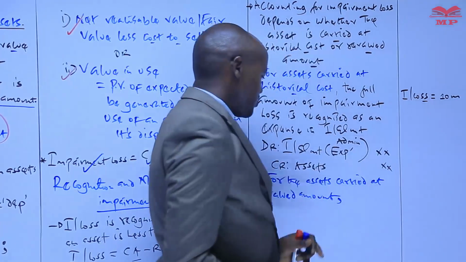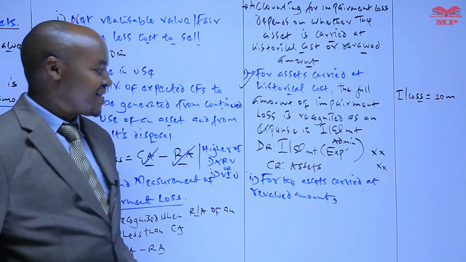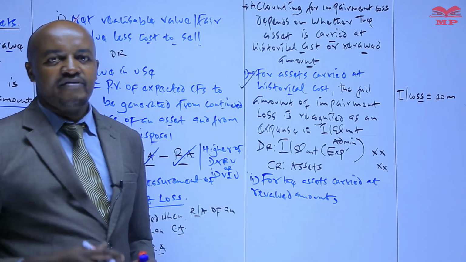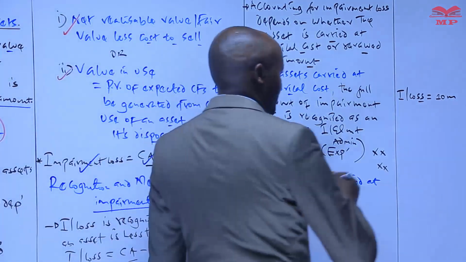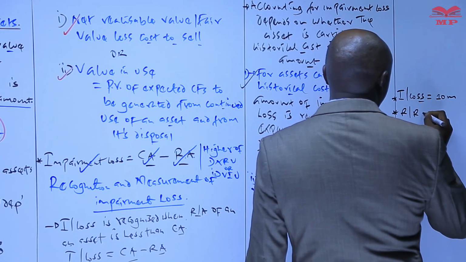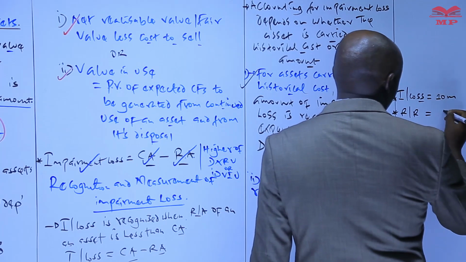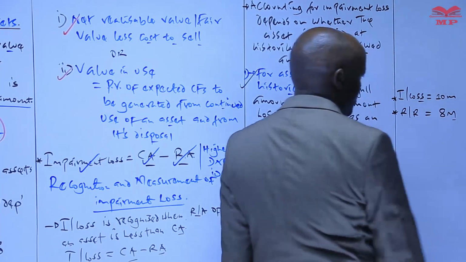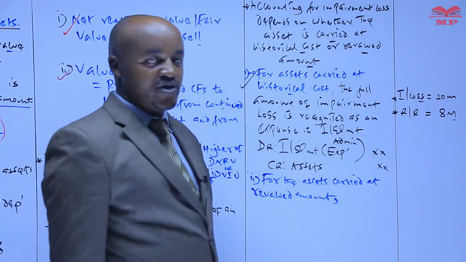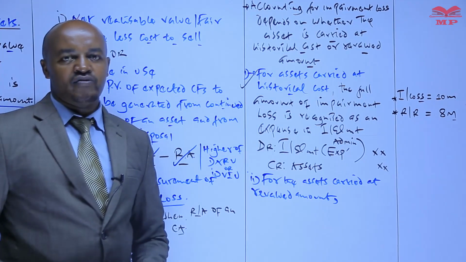Because this particular asset is carried at revalued amount, it means that the asset was previously revalued. And therefore, let's assume that the revaluation surplus which was recognized in relation to this particular asset was an amount of how much? 8 million. So how do we account for that particular impairment loss of 10 million?